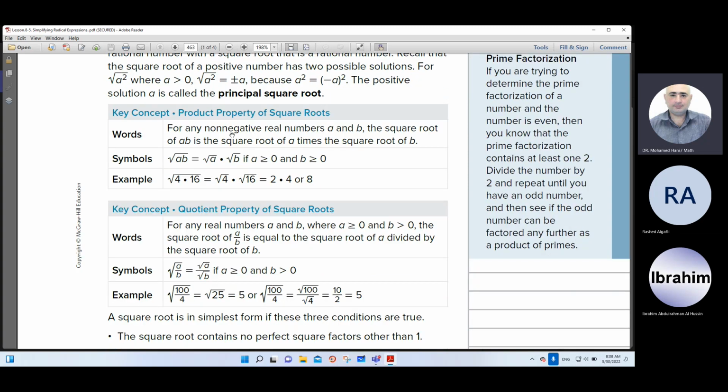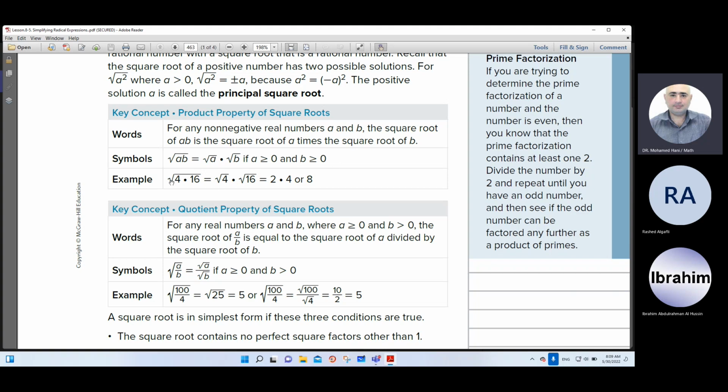For any non-negative real numbers a and b, the square root of ab is the square root of a times the square root of b. If you have the square root of a times b, you can write square root of a times square root of b, if a is greater than or equal to 0 and b is greater than or equal to 0.